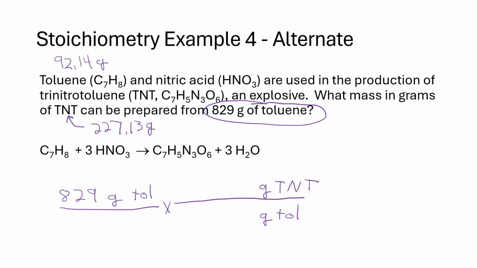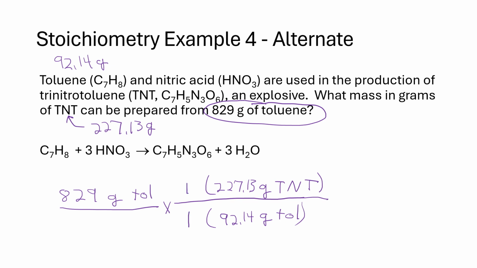On the mole triangle, the number that's associated with grams is the molar mass. So for TNT, the molar mass was 227.13. For toluene, the molar mass was 92.14. And the coefficient from the balanced equation also has to be here.